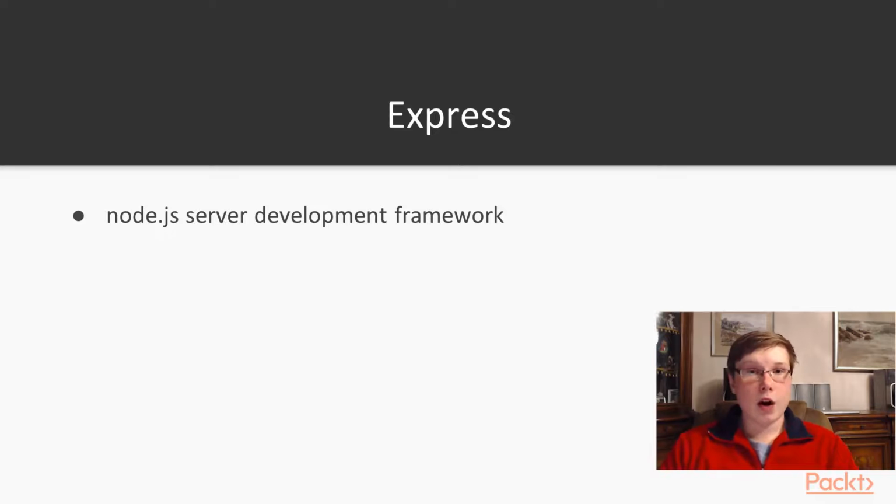And the last thing we need to know for our project, or at least for the scripting side, not the database, is what Express is. Express is a Node.js server development framework, which essentially means that we could develop our server using plain old Node.js code, but our framework reduces some of the code that we have to write every single time. This is called boilerplate code.